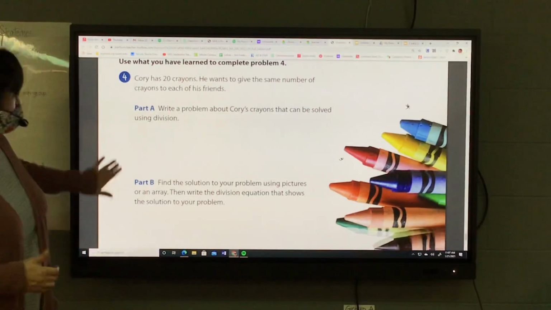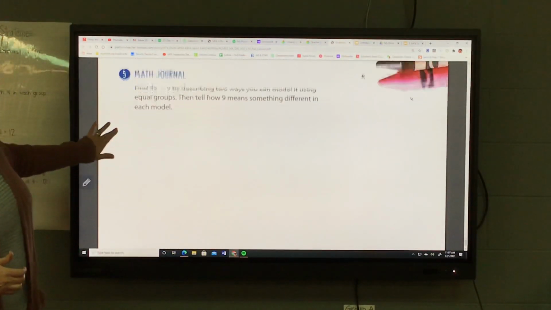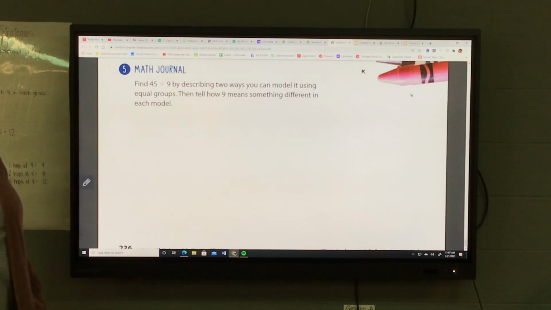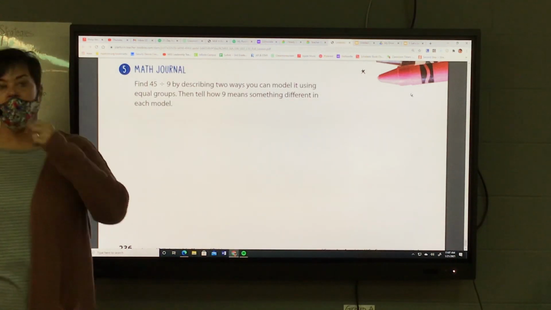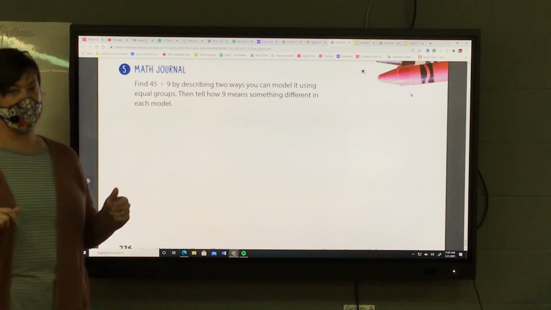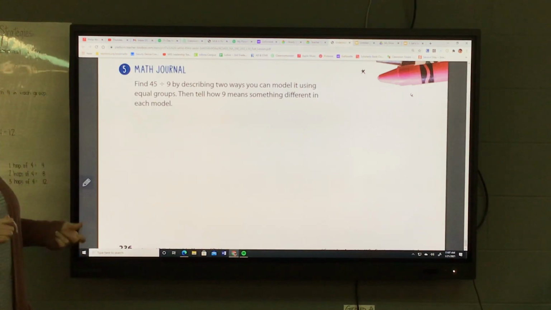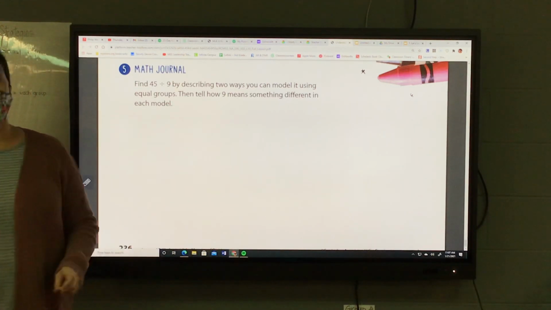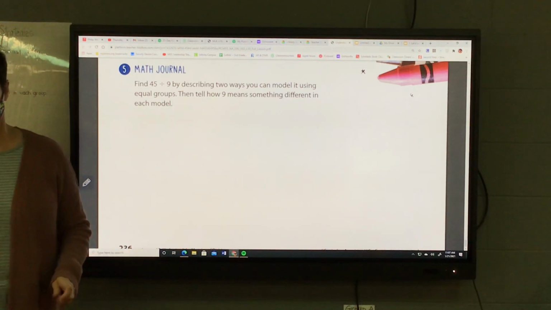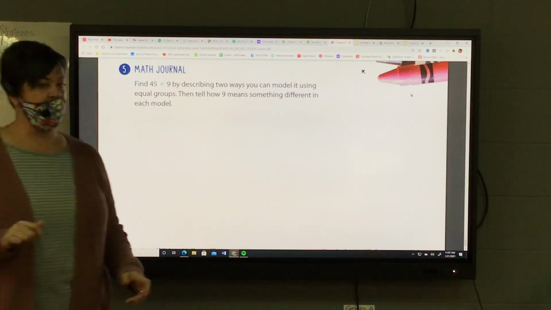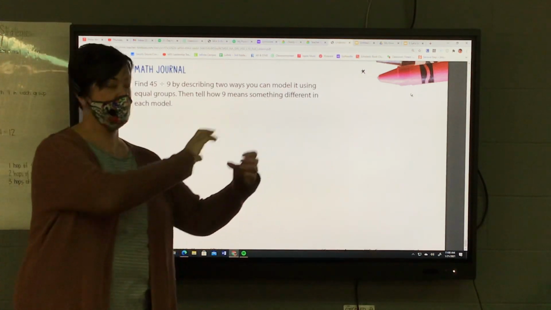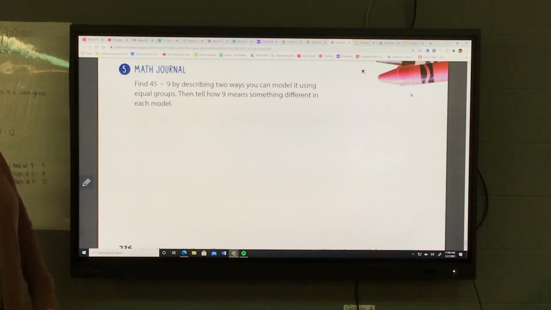Now, let's look at 5. Find 45 divided by 9 by describing 2 ways you can model it using equal groups. Now, we're not doing arrays, equal groups. Then tell how 9 means something different.